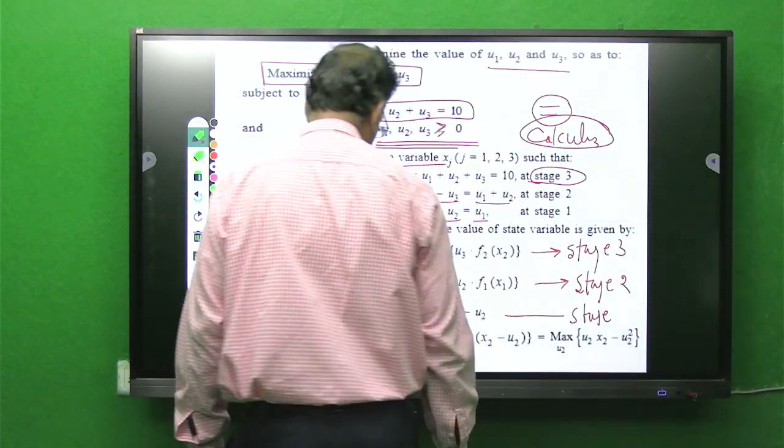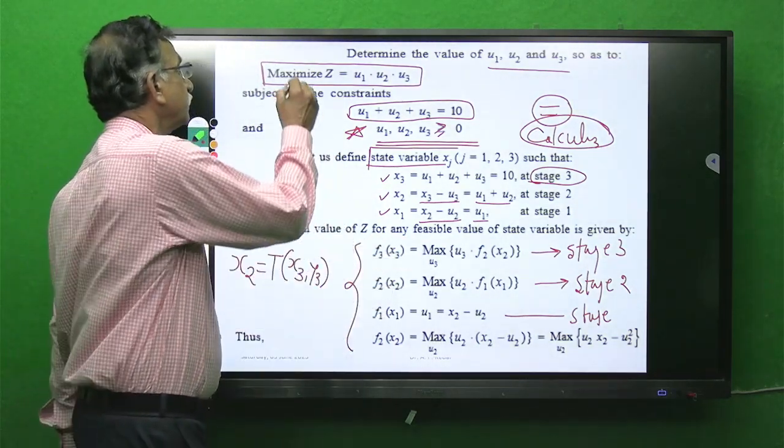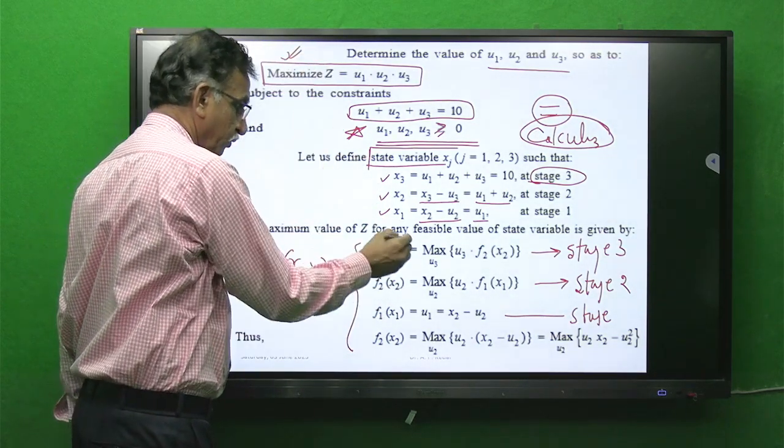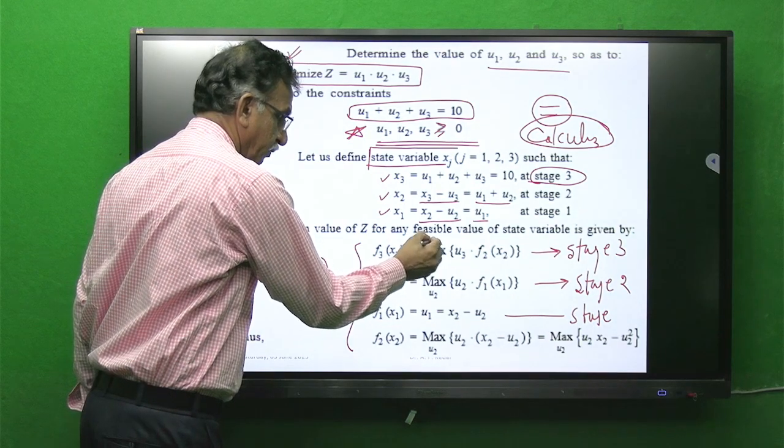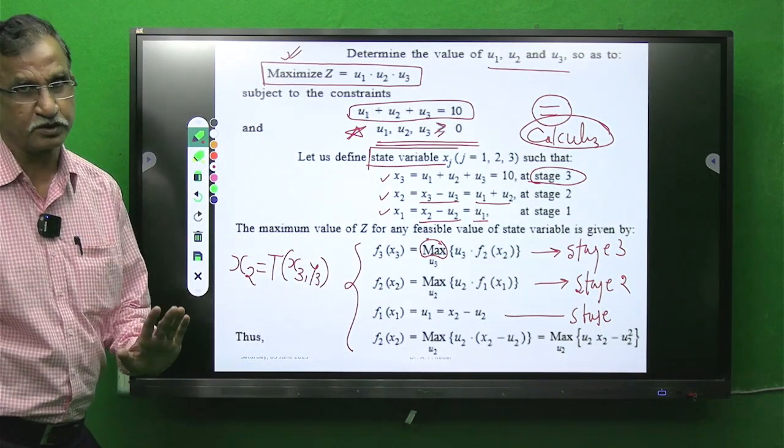Now one thing you have to remember: our intention is to maximize, and therefore it is written maximize. We have to solve it for maximization.